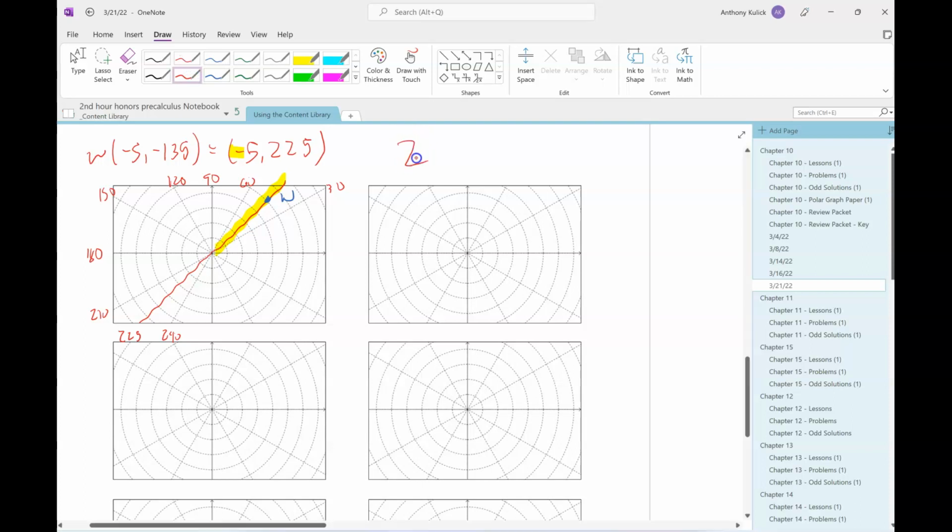And then you said Z was the other one we were interested in? Okay. So Z is -6, -9pi/4. So again, I would start by turning -9pi/4 into a positive angle. So if I add 2 pi to that, I get -1/4 pi.